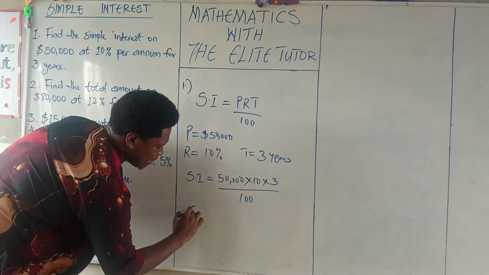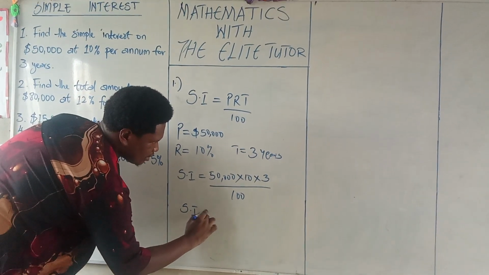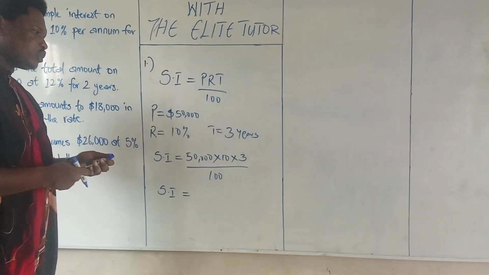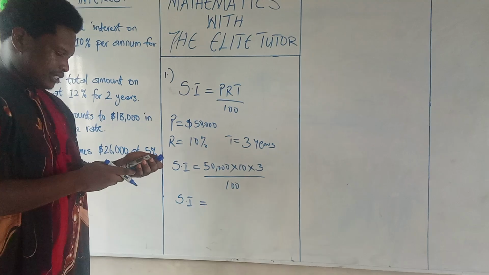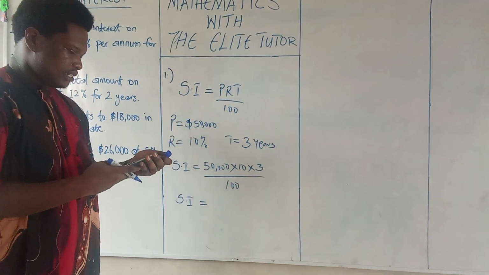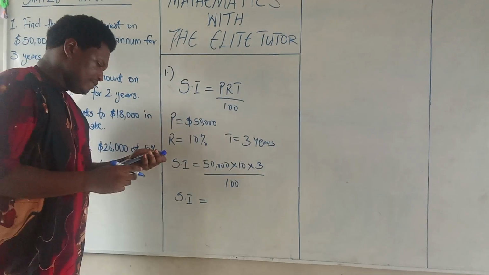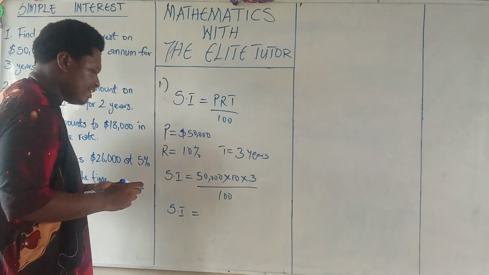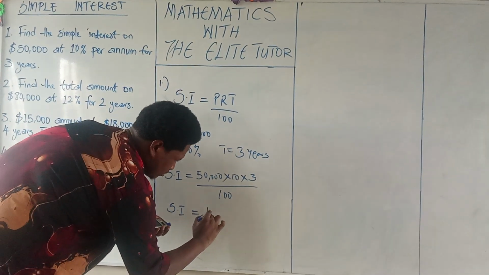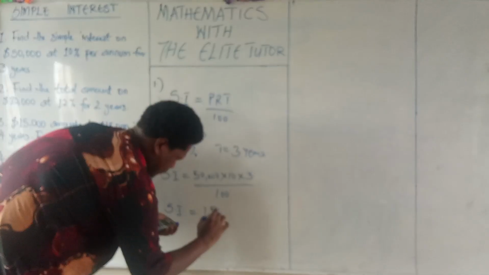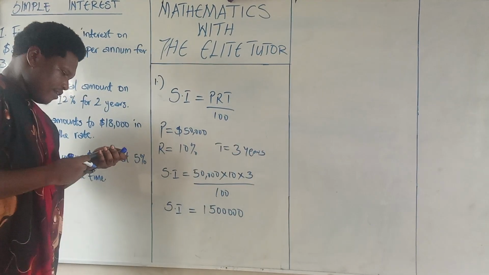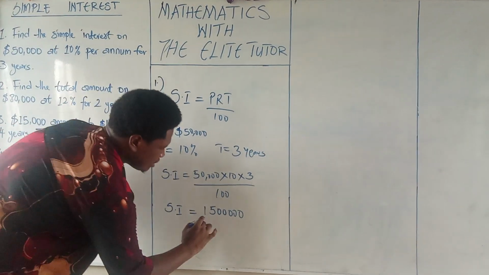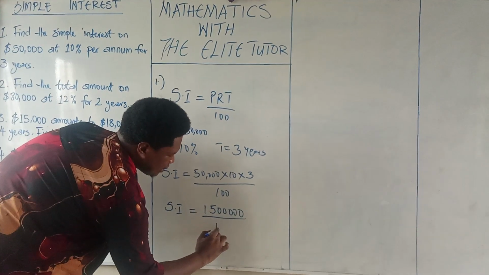So I'm going to have that my simple interest is equal to, let's multiply. We have 50,000 times 10 times 3, which is 1.5 million, divided by 100.